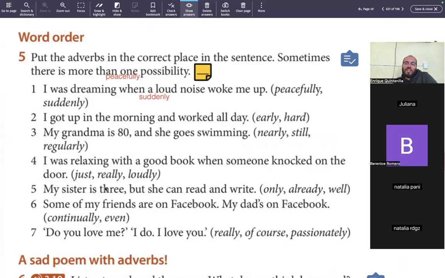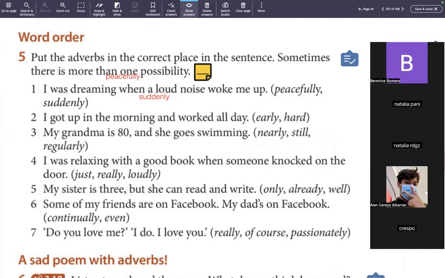Well, don't forget, they are in order. My sister is only 3, but she can already read and write well. You need to practice. Pay attention.